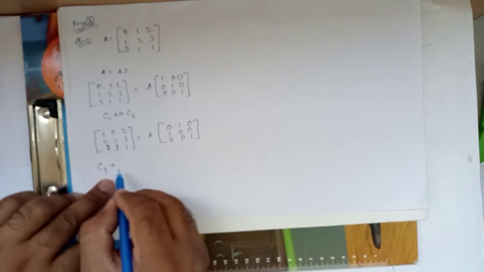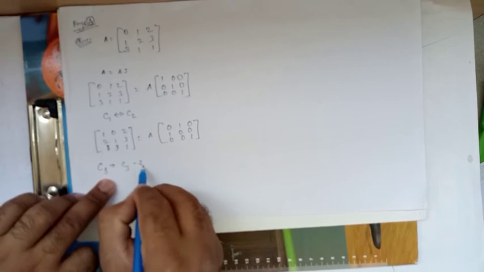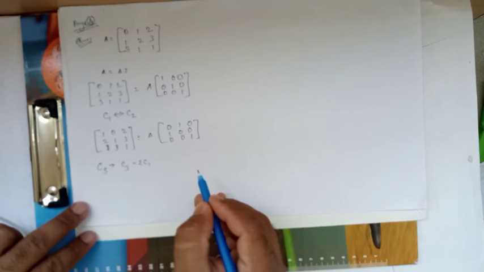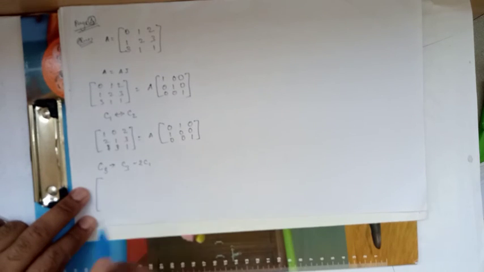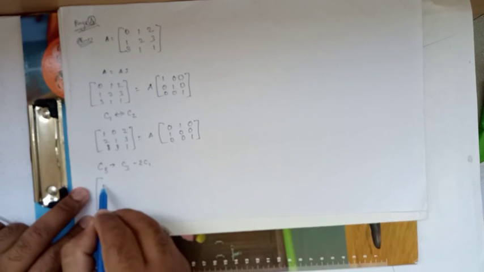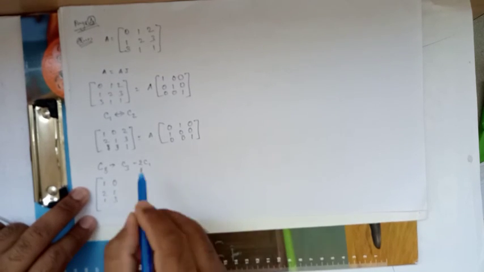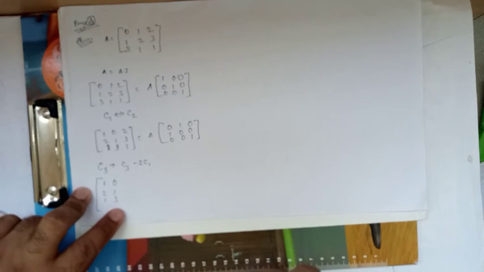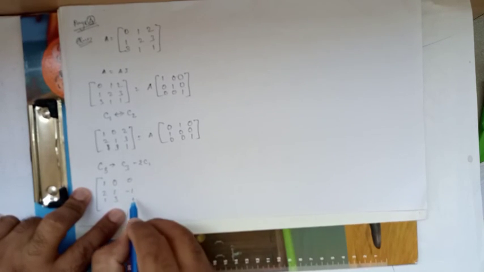So in C3 what we do is C3 minus twice C1. We will perform this task so that we will come to know what is the next thing. So this is C3, so I can write directly 1 2 1 0 1 3, and the operation is on C3, so I have to be very careful about this one. So it will become 0 minus 1 and minus 1.